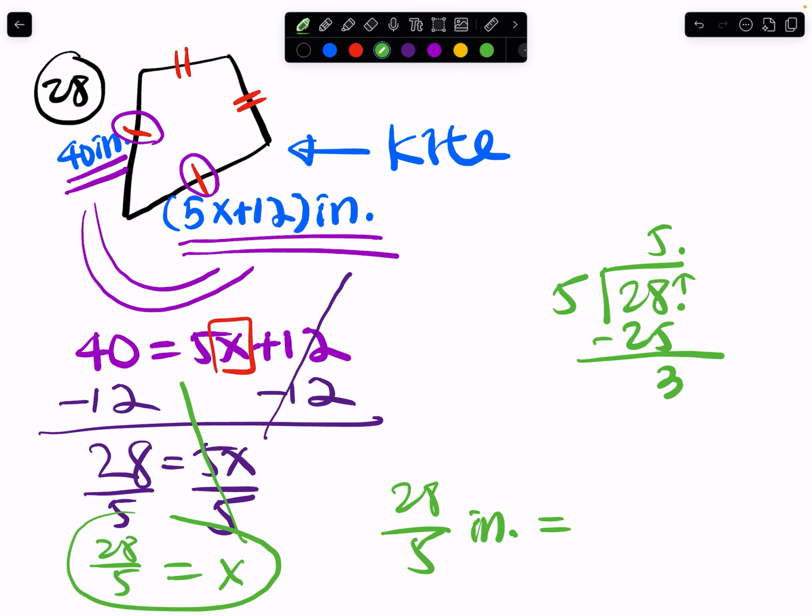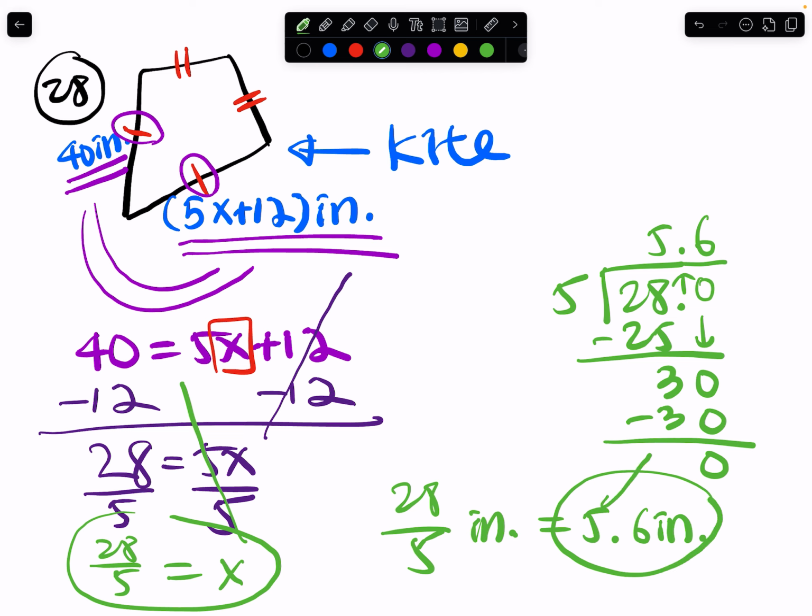As soon as you have it in the dividend, pull it up to the quotient. Then I annex a 0. 5 goes into 30 6 times. 5 times 6 gives you 30, minus 30, and that gives me 0. So 5.6 inches is my answer for problem number 28.